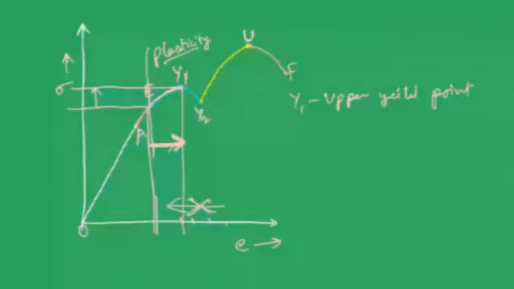Then from Y1 to Y2, for this strain the resistance is decreasing, which means the body does not offer much stress. Without much stress, the body reaches the point Y2, the lower yield point.